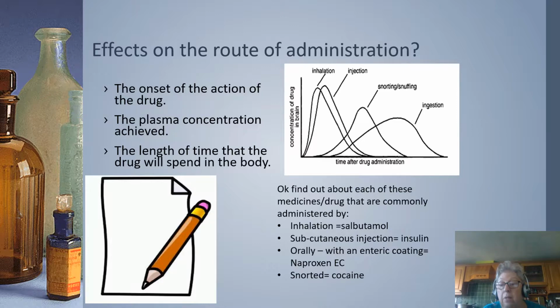Orally, this time I want you to consider finding a medicine that has an enteric coating, that is abbreviated to capital E, capital C. In this case, naproxen enteric coated. And snorted. Cocaine, for example. Whilst a drug of misuse, it's clearly something that many people do use and will help you understand a little bit about a substance that can cause great devastation to people.